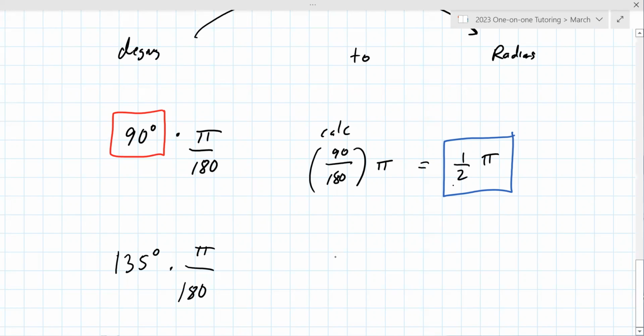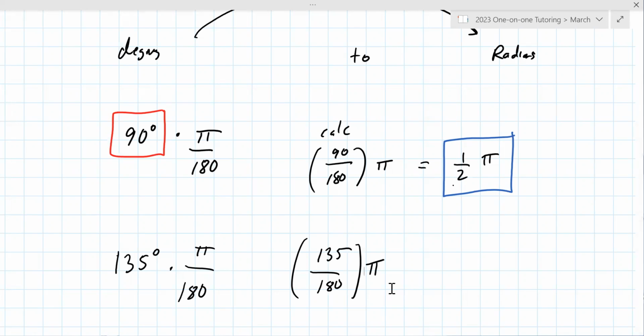I have a question. Would I have it in degrees mode while I do this, because it's getting converted over? Here's what I want you to do: toggle back and forth between degree and radian and see if your answer changes for the one we're doing right now, 135 over 180. 135 divided by 180.